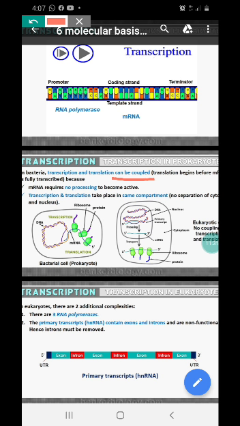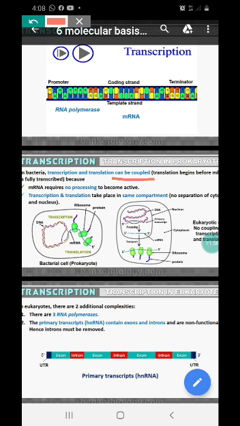Clear? That's why it is said that transcription and translation can be coupled in the case of prokaryotes or bacteria. Whereas in eukaryotes, where does transcription occur? On the DNA. DNA acts as the template, right? So it happens in the nucleus. After which the mRNA should be transported to the cytoplasm, where the next process, which is translation, happens.